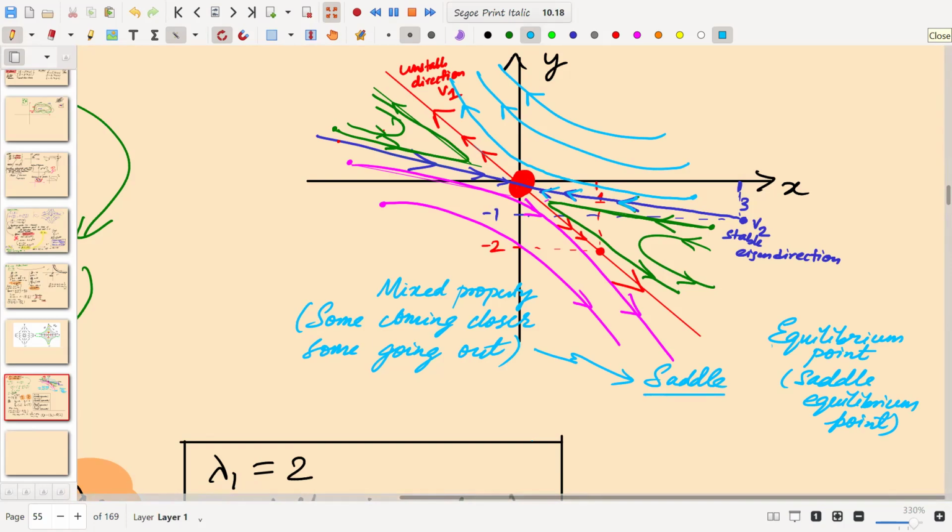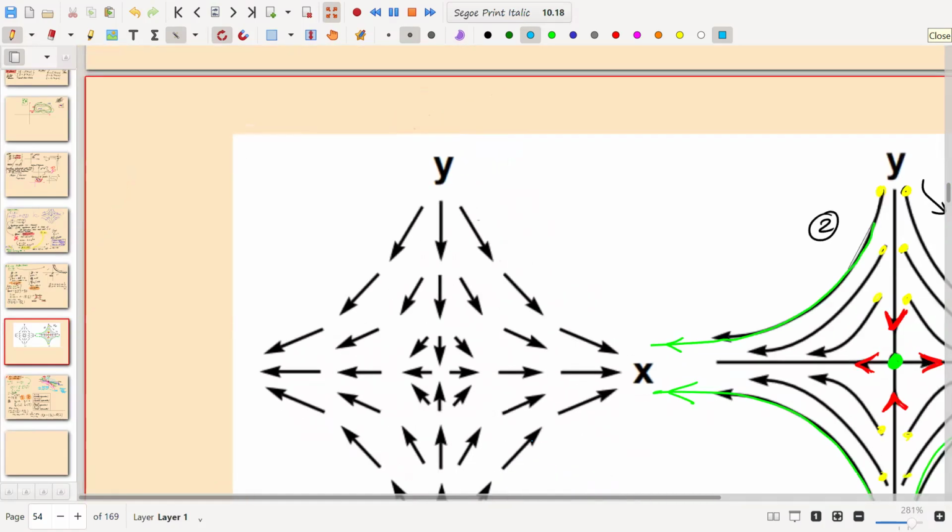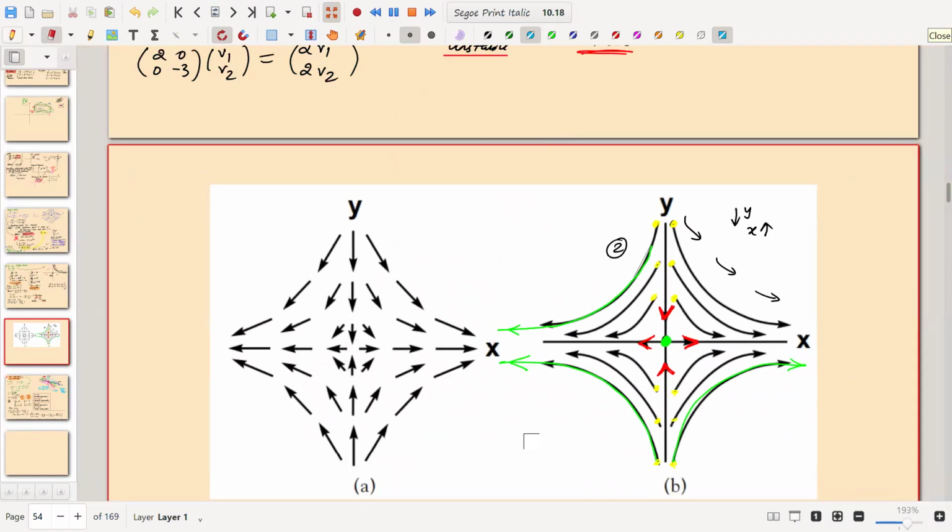Fine. Okay. See, this behavior is exactly the same as this behavior, isn't it? Why? Because you can see it is going like this, it is going like this. Some are coming closer, some are going away, right?